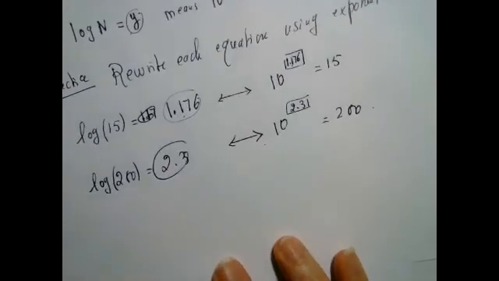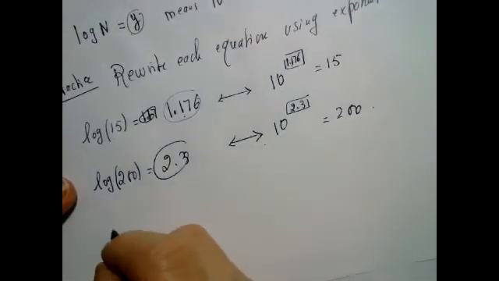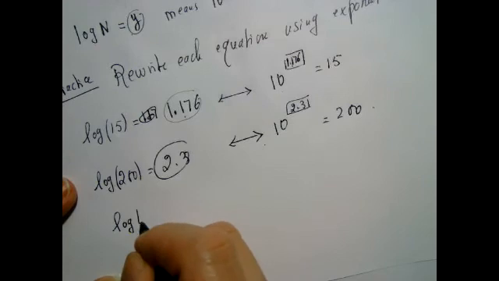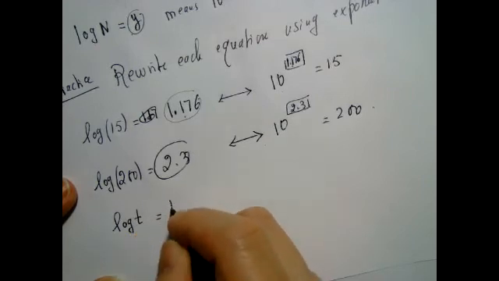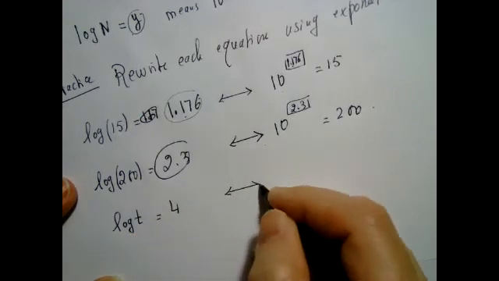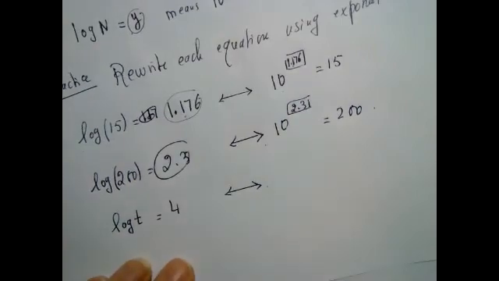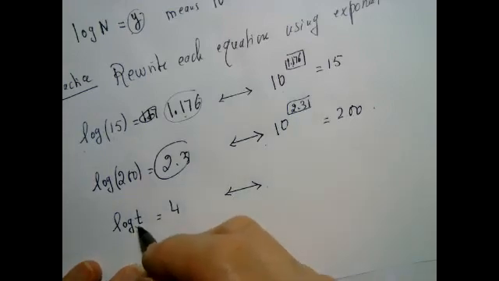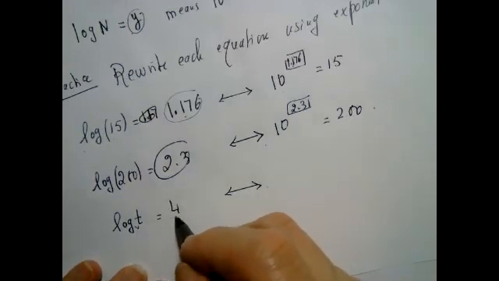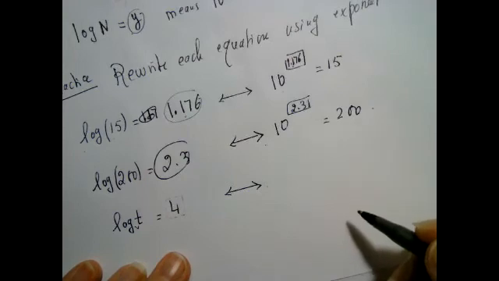The last example is a little bit more abstract. Suppose I tell you log of t is equal to 4. What does this mean to you, using the exponent? That's my input t, so log of this is equal to 4. What does this mean to us?